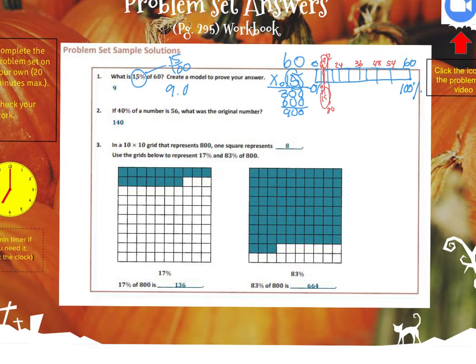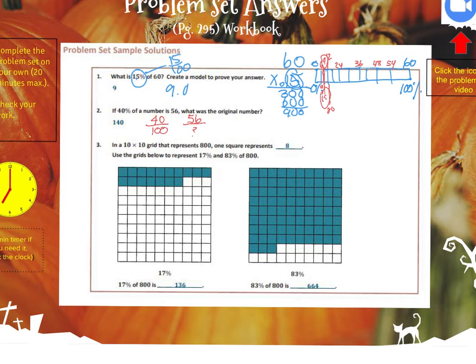How about number 2? It says if 40% of a number is 56, what was the original number? So we've got 40%, which means 40 out of 100 of a number. This is the unknown, and it's 56.